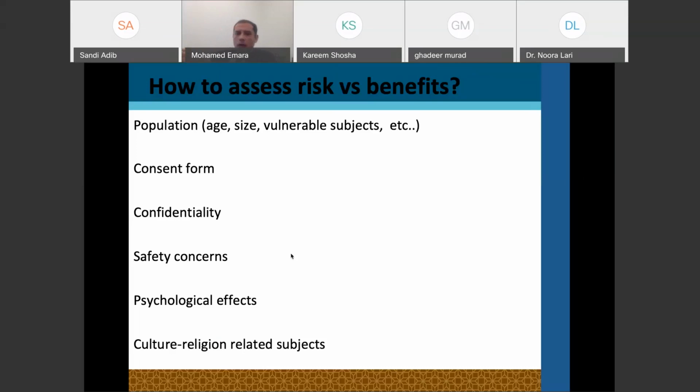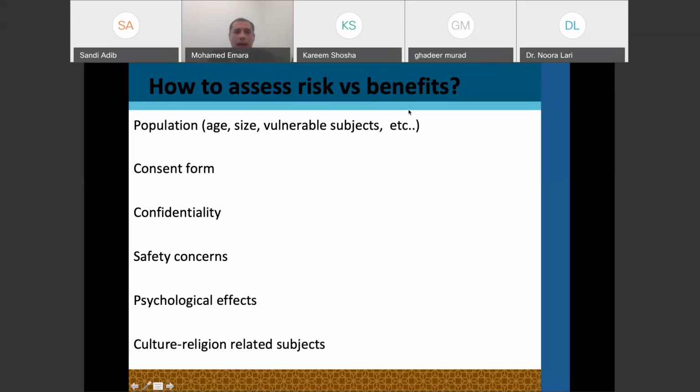Because when we talk about cultural and religion related subjects, we are in an Islamic country, a Middle Eastern country, we have our own beliefs, our own cultural events, which are completely different from Europe and America. So we have to put that in mind, and I'm going to touch on this later, inshallah.